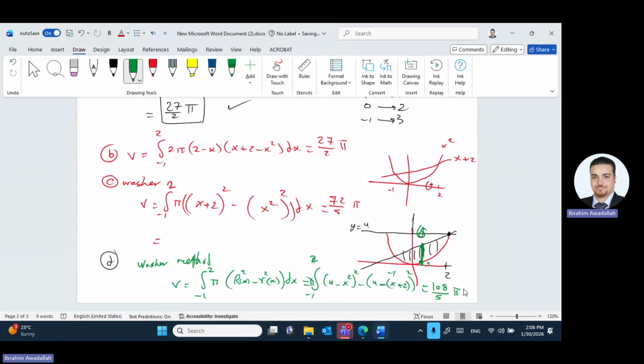Inside I have 4 minus x squared, close, squared, then minus open brackets 4 minus 2 will be 2 minus x, close, squared, then the answer, one correct answer. Thank you. See you next time, inshallah.